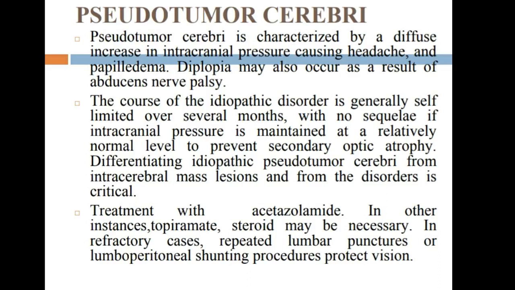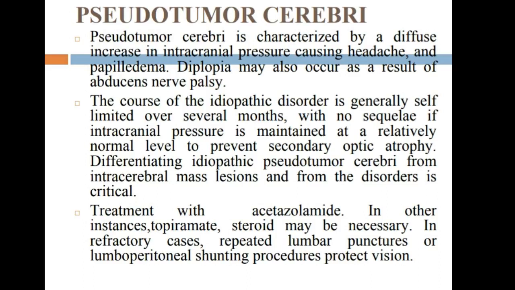Differentiating idiopathic pseudotumor cerebri from intracerebral mass lesion and from the other disorders is critical. So here the imaging is usually normal in pseudotumor cerebri, and there is no evidence of intracerebral mass.